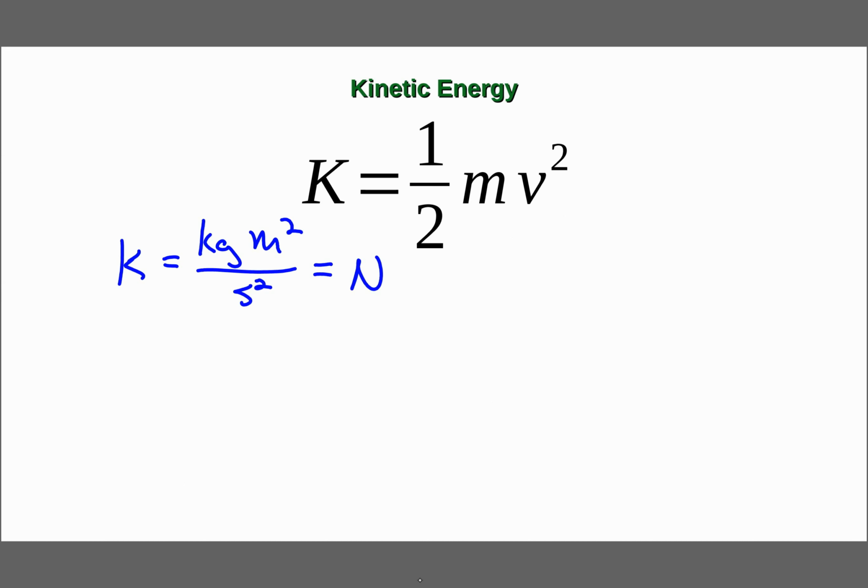So this is actually newtons times, let's not put a dot product, times meter. And this unit is called the joule. The joule is the SI unit of energy, okay?